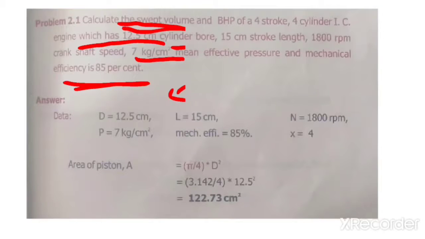The formula for the area of the piston is equal to pi by 4 into d square, where the value of pi is 3.142, divided by 4 into d square. So 12.5 square, and the answer will be 122.73 centimeter square. Okay, that will be the area.